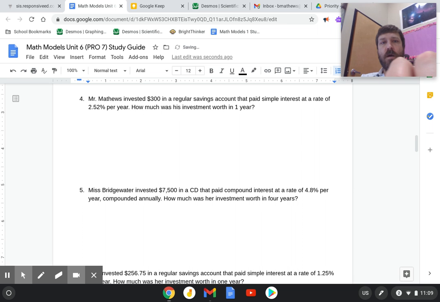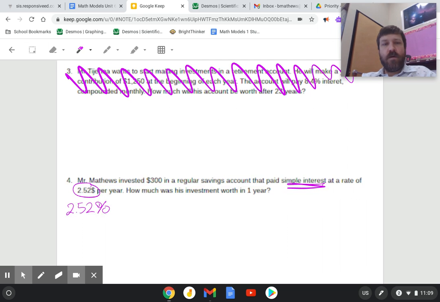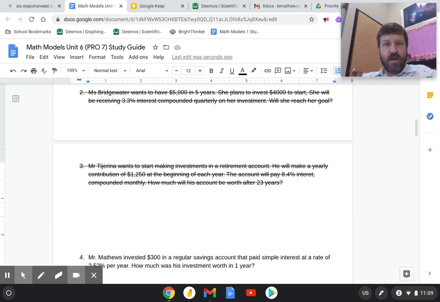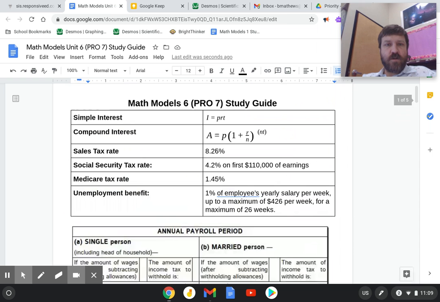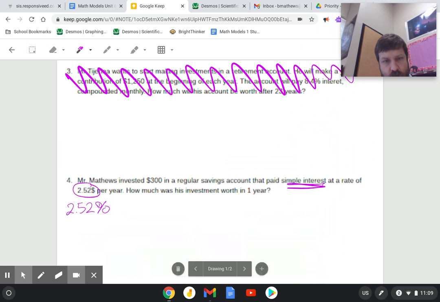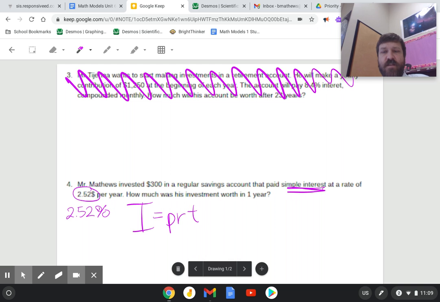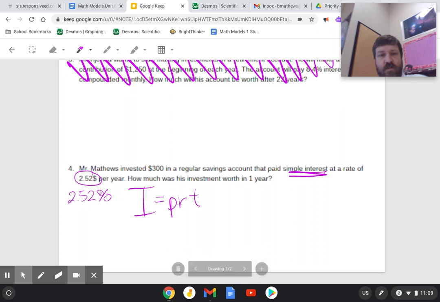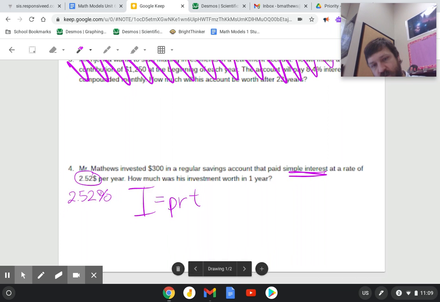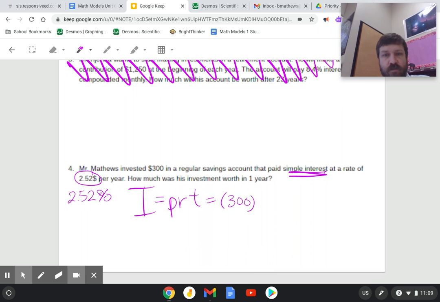Okay. So we need to find the simple interest formula here. If we hop over to our study guide and look at the formula chart, simple interest is I equals PRT. Let's write that down. So I equals PRT. That's going to give us the interest, the amount earned in interest. So that means that interest is going to equal P times R times T. P is the principal, that's the amount you start with, $300.